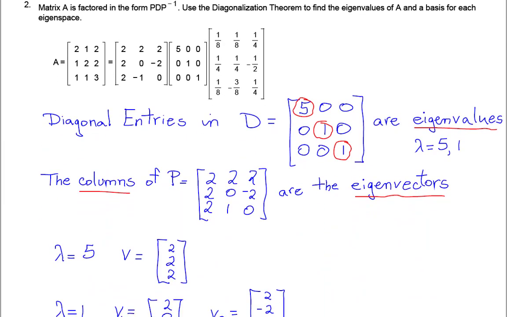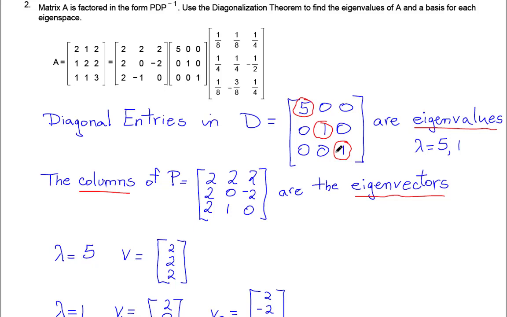Alright, in problem 2, they tell us A, here's A, is factored into P, D, and P inverse. It turns out that the diagonal elements on D are actually the eigenvalues for the original matrix. So they are 5, 1, and 1.